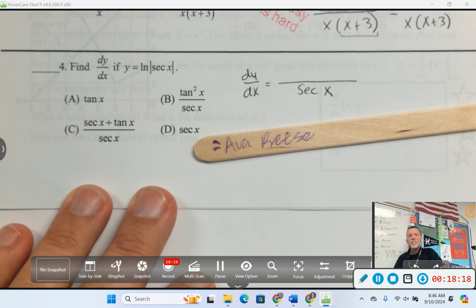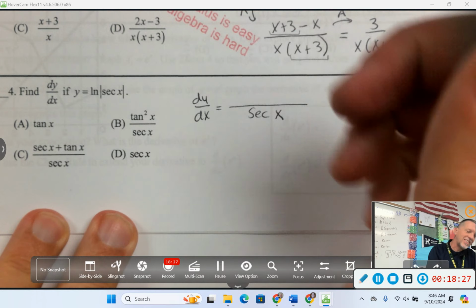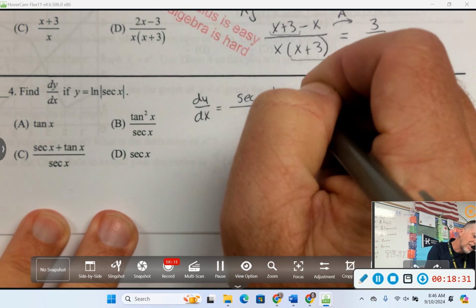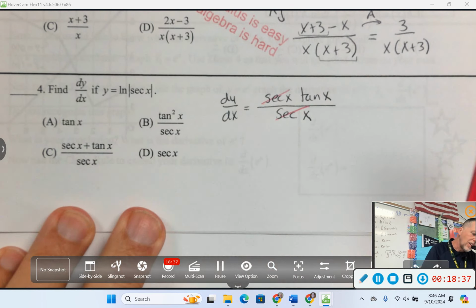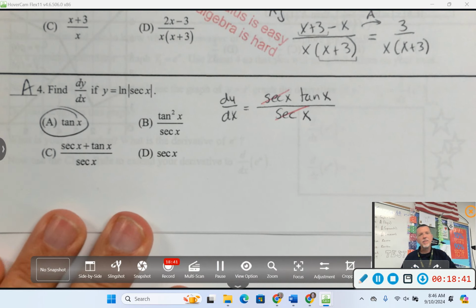What's the derivative of secant? Secant x tangent x. Oh, well that was convenient of them. Secants will cancel, and we're left with tangent. That was kind of nice.